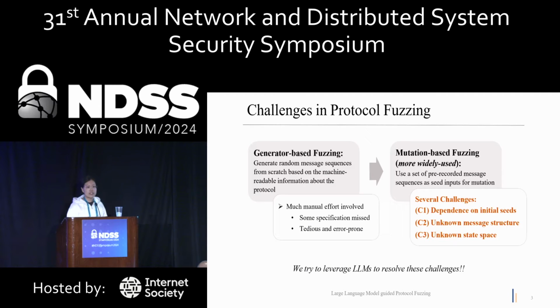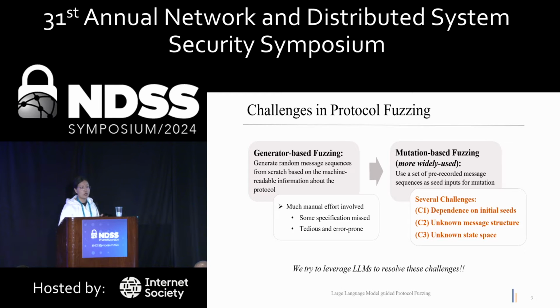In the fuzzing domain, there are basically two types of protocol fuzzing, and one is generator-based fuzzing. Generator-based fuzzing requires users to extract the state machine information and the message structure information from the RFC documents, and then manually write a generator to generate the message sequence from scratch.